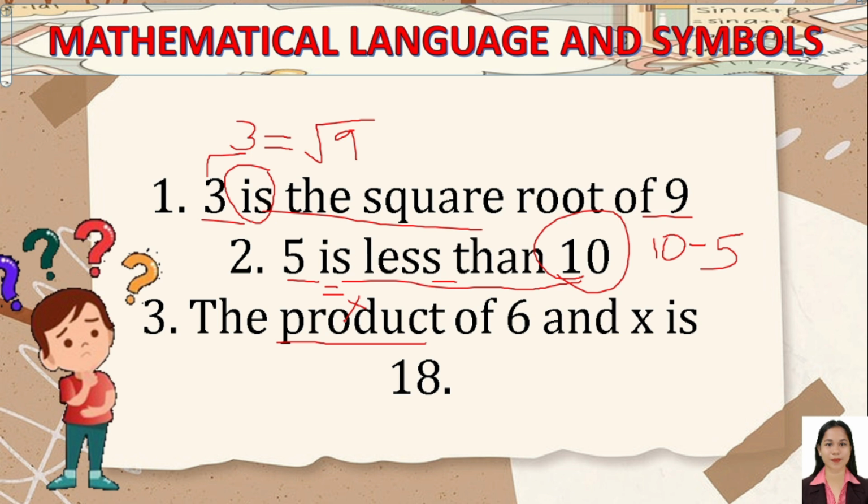Usually in algebra, we use parentheses or we just put the given variable and the given number together. So we have the product of 6 and x. We have to multiply 6 and x, so simply write 6x. Is, so we have here the word is, so it is equal. So we have equals, then 18.